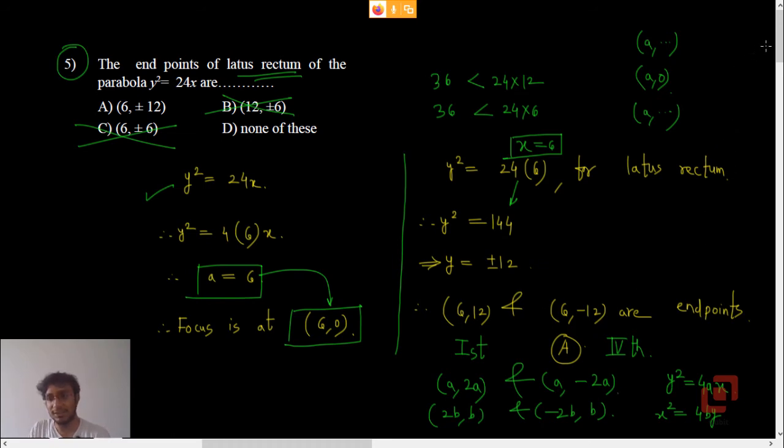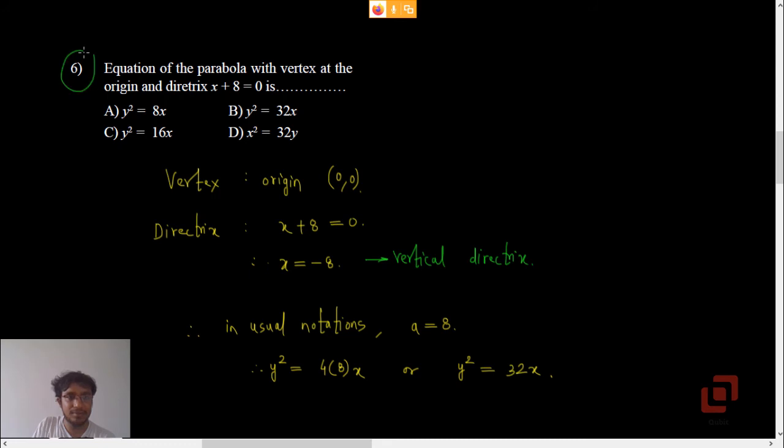Let's go to question 6 now. Question 6, another simple problem. Equation of the parabola with vertex at the origin and the directrix x plus 8 equal to 0 is. First of all, you write down the equation of the directrix and observe whether it is horizontal or vertical. In this case, the equation of the directrix is x equal to minus 8.